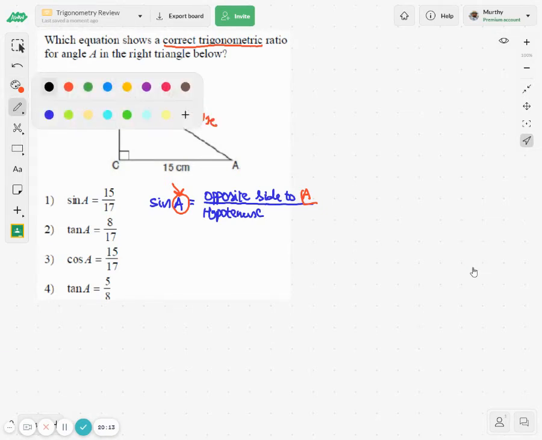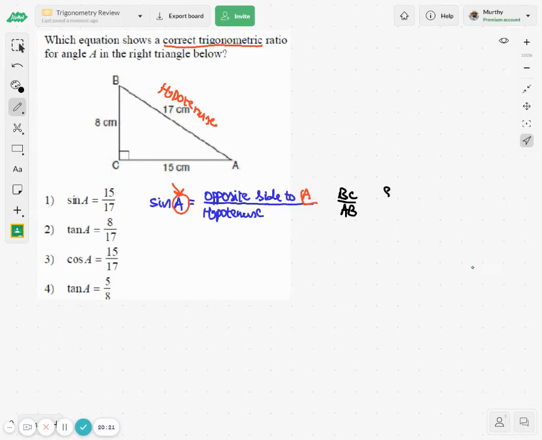So therefore opposite is BC over AB, which is 8 over 17. Now I have to see, is this matching with this one or not? Obviously it is not. Therefore this is not the correct one.